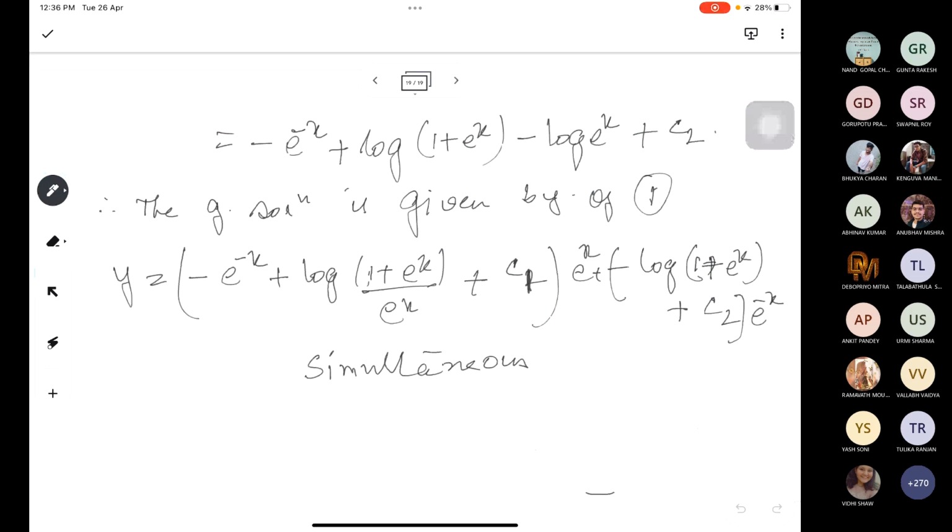Okay, ma'am. Now let us come to the next chapter, that is simultaneous differential equations.